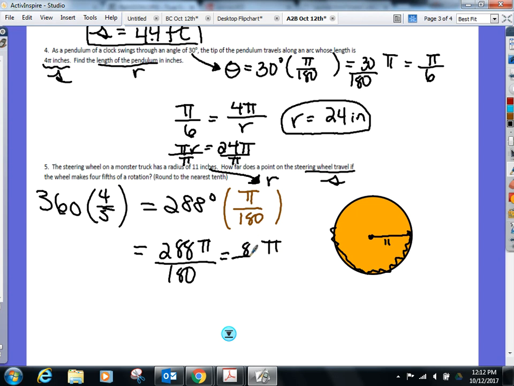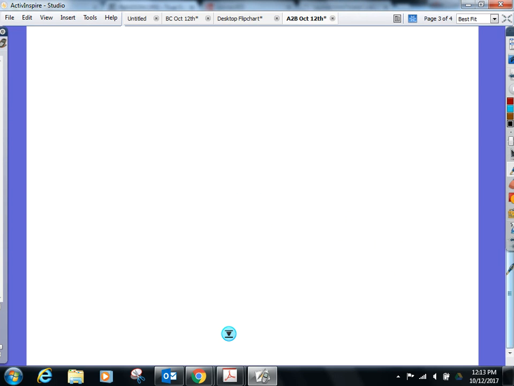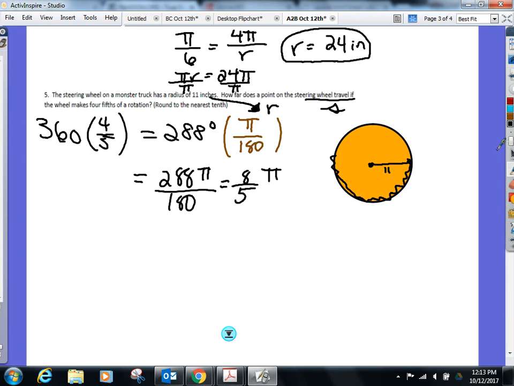Got me there. So that's how many degrees it rotates as radians. Can you finish the problem now for me? Oh, shoot. So theta is 8 pi over 5. There's my theta. S, you guys told me we're solving for, how far the steering wheel goes, over how long the radius is, 11 inches.